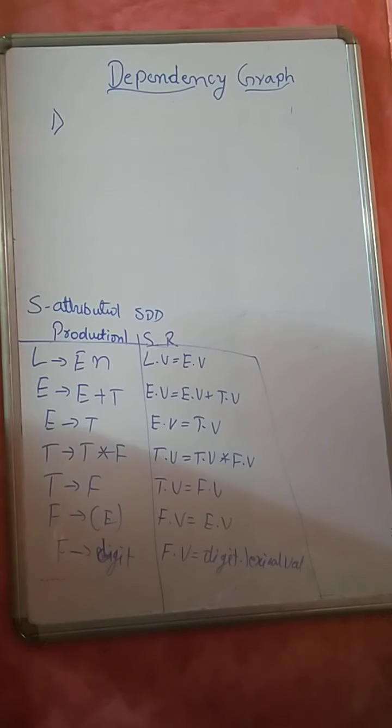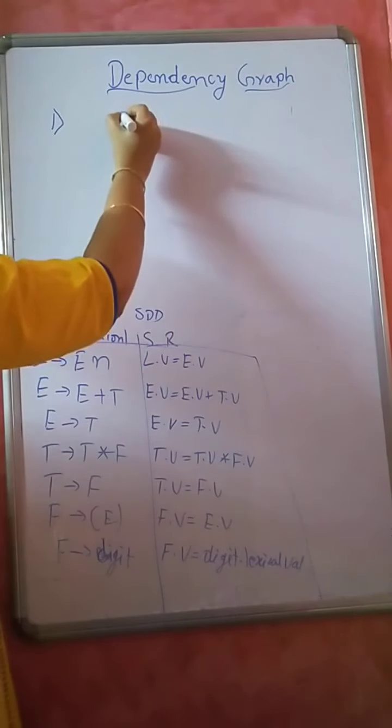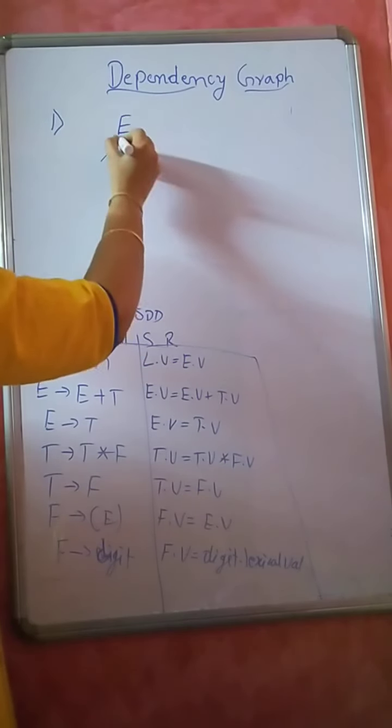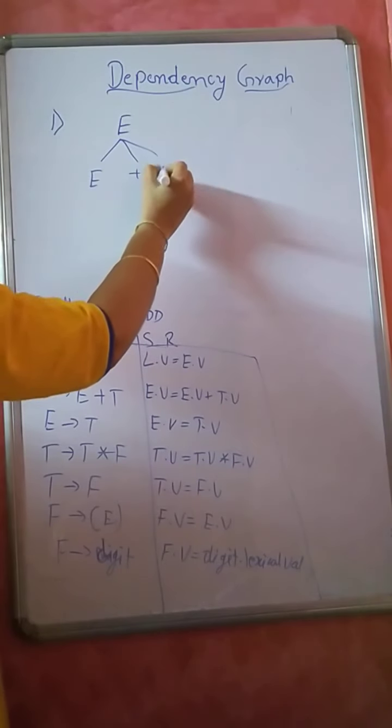First step is, for every node in the parse tree, you need to have a node in the dependency graph for every attribute associated with a grammar symbol, that is every node of the parse tree. Suppose I have E plus E, okay.